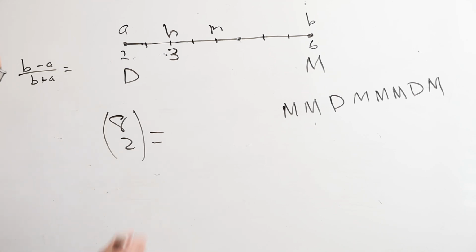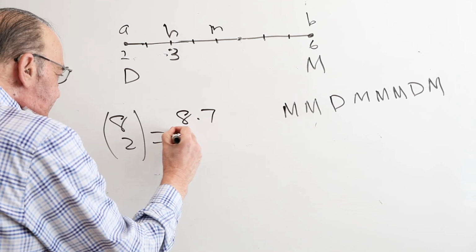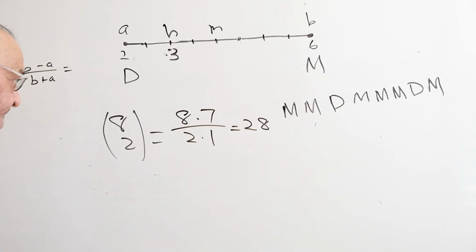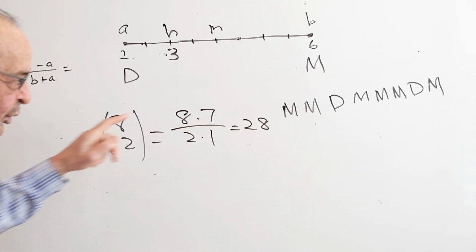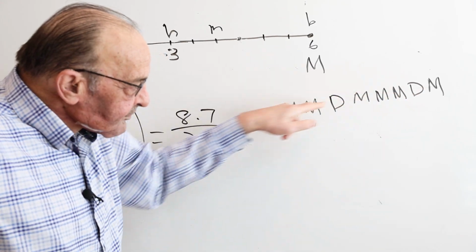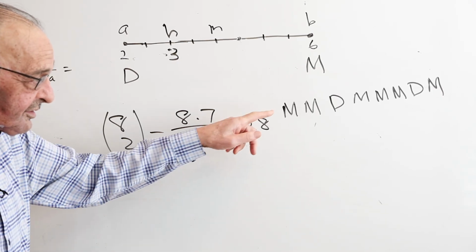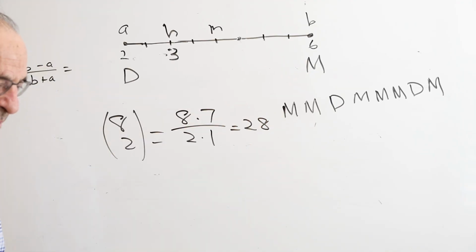So that would be 8 times 7 divided by 2 times 1, which would be 28. So there'd be 28 ways to make these lists. But 50% of them would be bad if we say Deba took a step too soon, because we want Mark's steps to always be strictly greater than the number of Deba's steps.